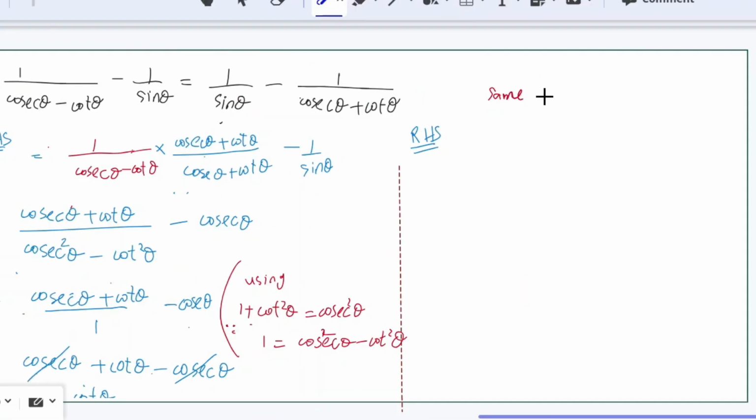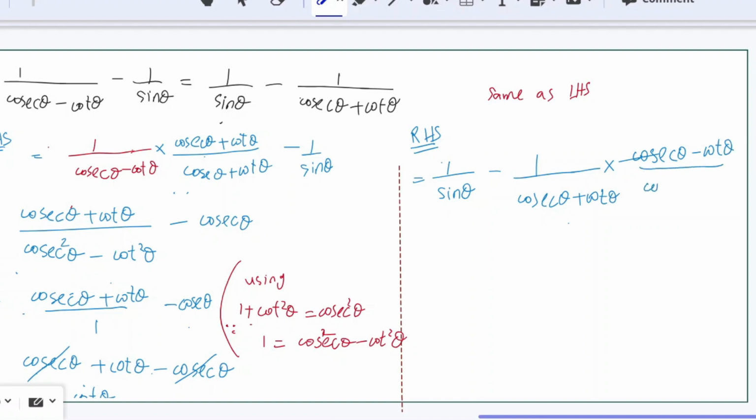Okay, so now take the right hand side. We'll do the same as the left hand side. So 1 over sine, and do the rationalization only on the part of 1 over cosecant theta plus cot theta. And 1 over sine is as it is, and the other term by multiplying numerator and denominator, the same thing will happen as we did on the left hand side.